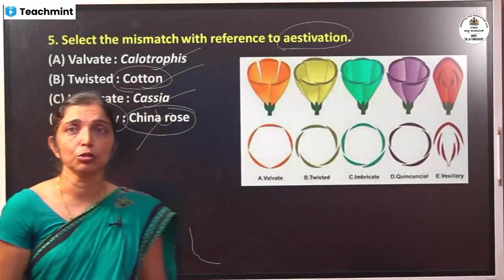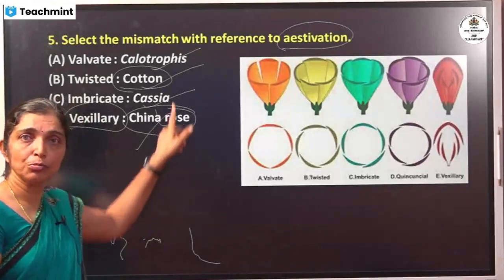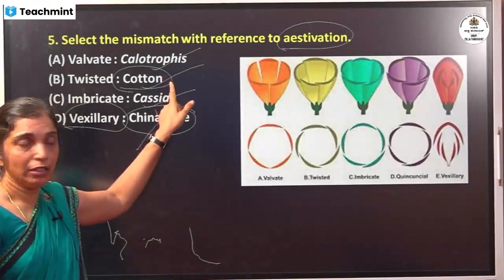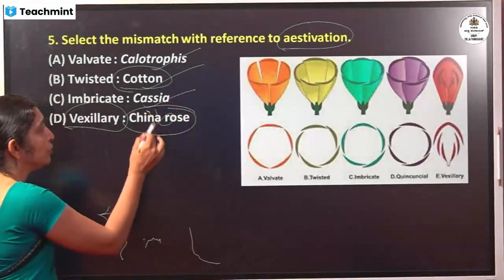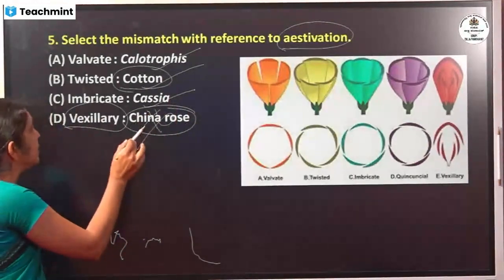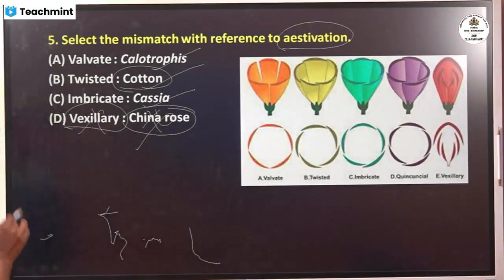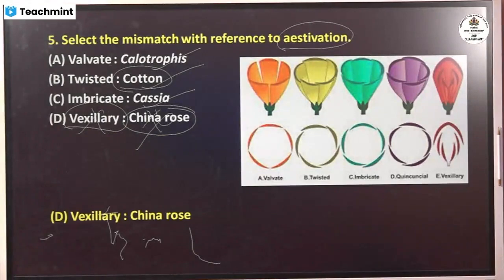So it is not belonging to Fabaceae family, and the arrangement of your sepals and petals is not vexillary type. So the mismatch over here is D, which is vexillary China rose.